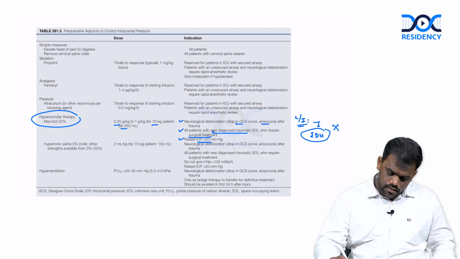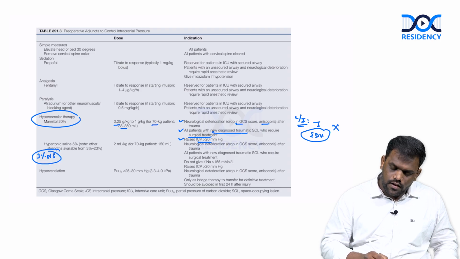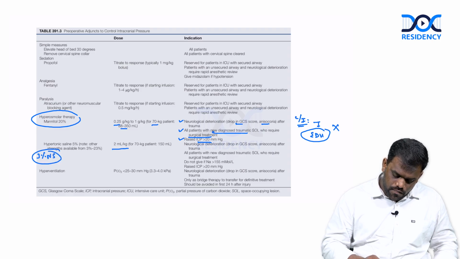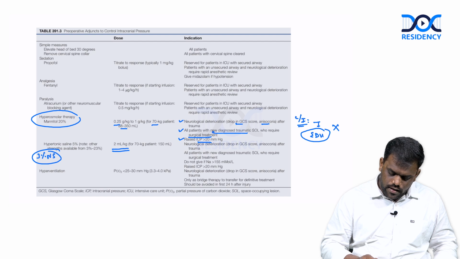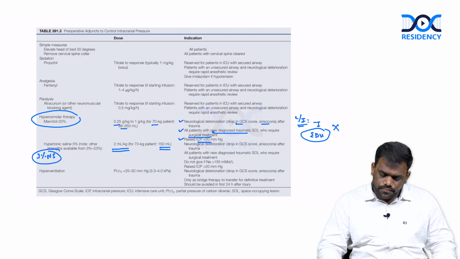Hypertonic saline, that is 3% NS, is used at the rate of 2 ml per kilogram of body weight. Suppose a 70 kg patient, you can use 150 ml maximum.